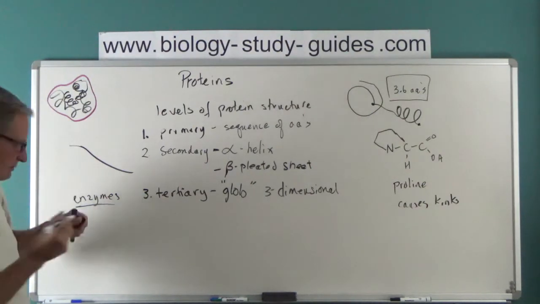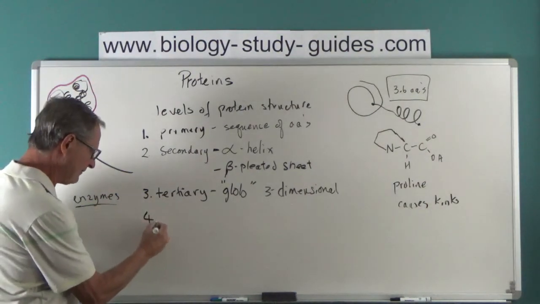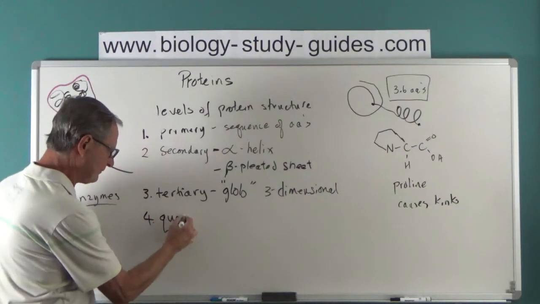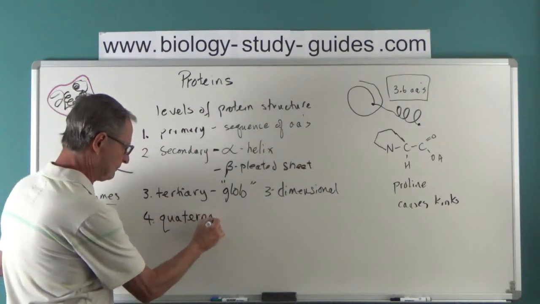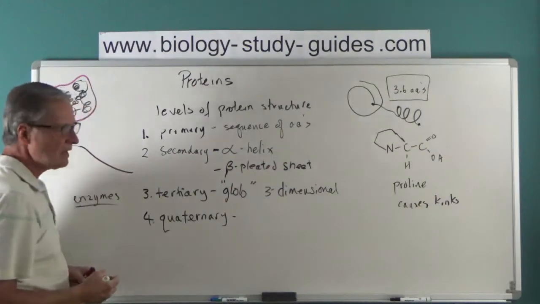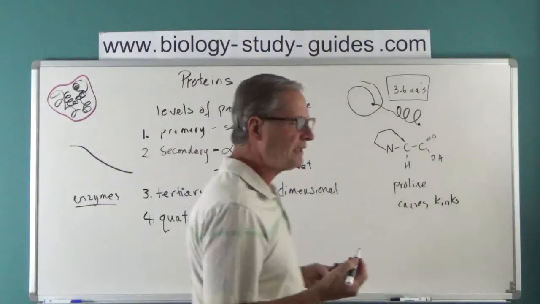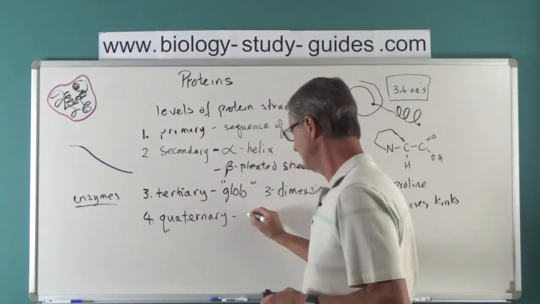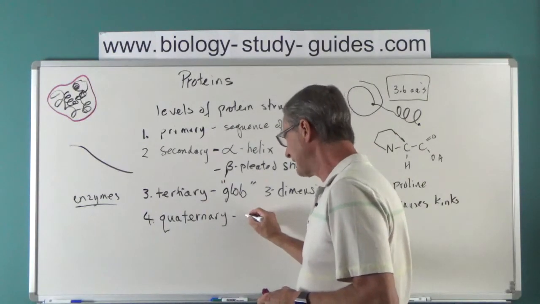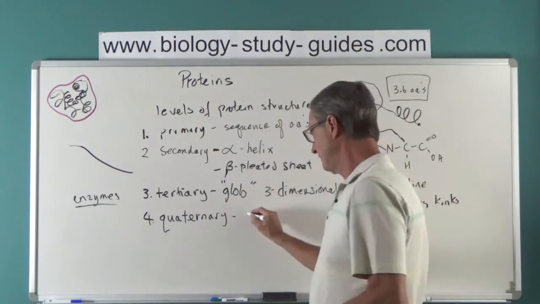Some, fewer, have another level of structure, and it's called quaternary. And this is the association between tertiary structures. So you have a set of tertiary structures which function together.